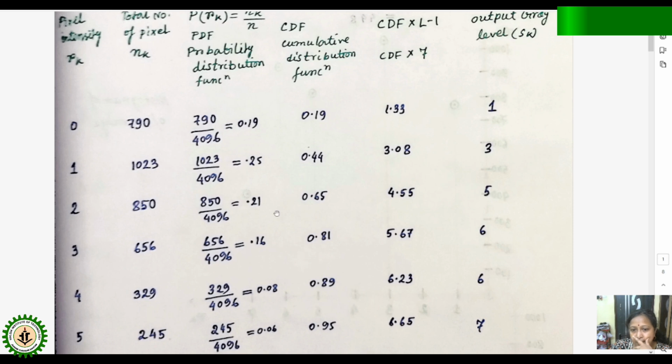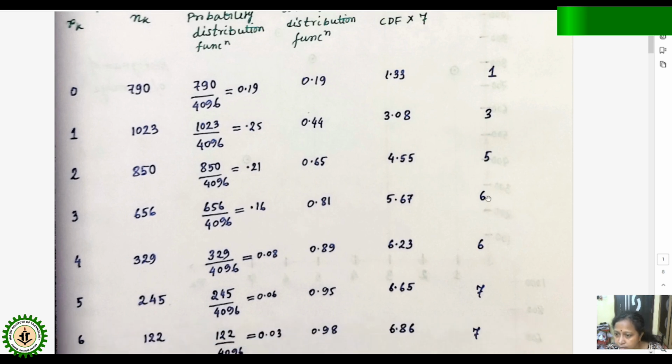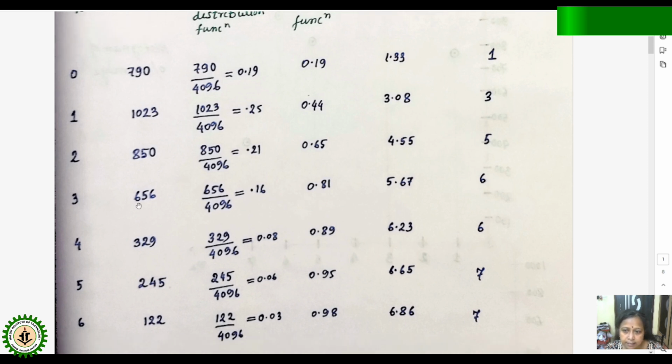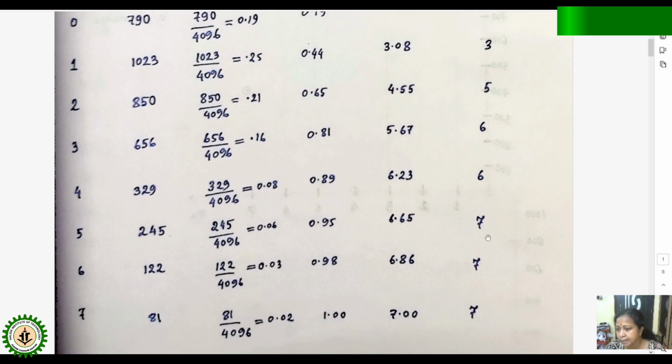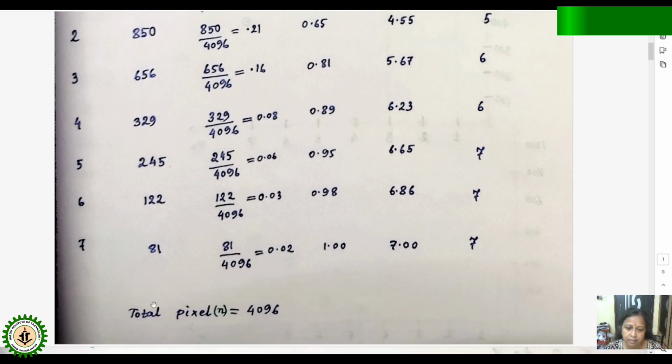Output gray level 5, how many pixels? 850 pixels. But for output gray level 6, the total is 656 plus 329 pixels. Now for output gray level value 7, the total is 245 plus 122 plus 81. This number of pixels exist.